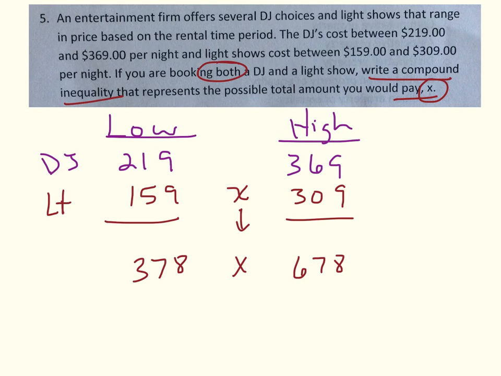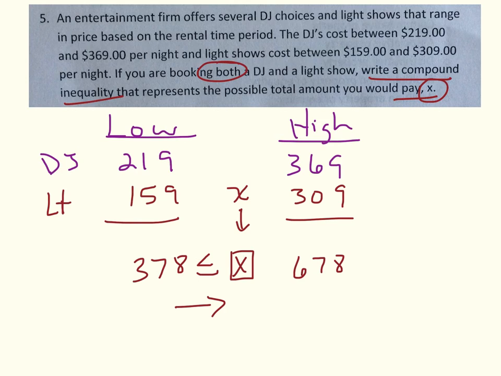Now, this middle part is what you're going to pay. Okay, that's the total amount you're going to pay. Now, you can pay the lowest amount, which is 378, or higher. So the amount you pay can be equal to 378, or higher, so that means it would be going this way.